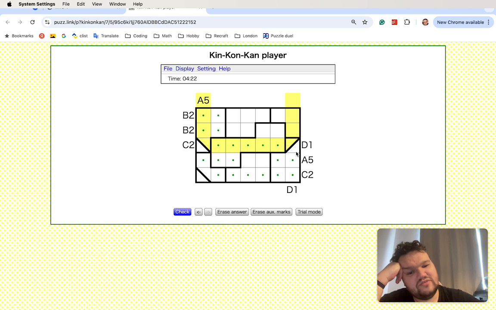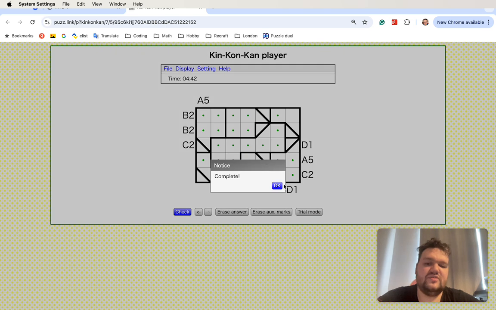Oh, also we must turn left in one of those two cells, so in this L region this cell cannot be used, then for B it must be like this, and now we only have one option.